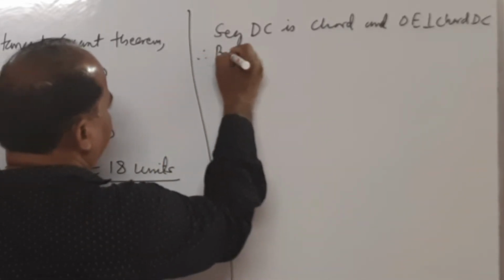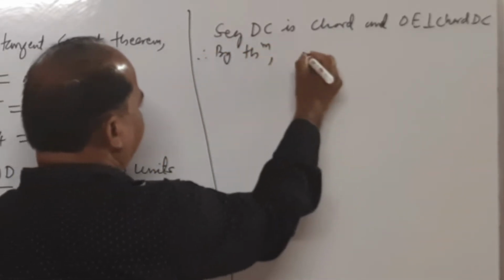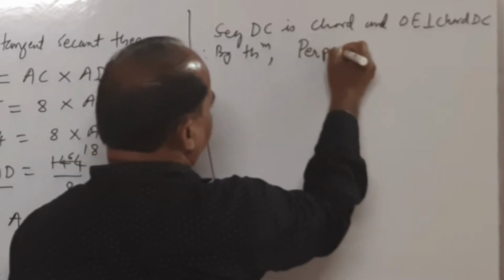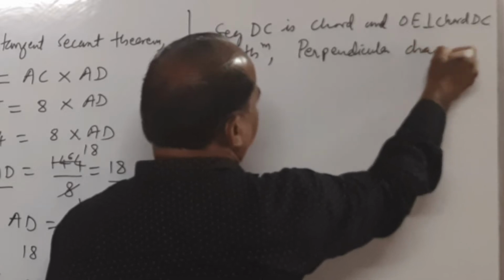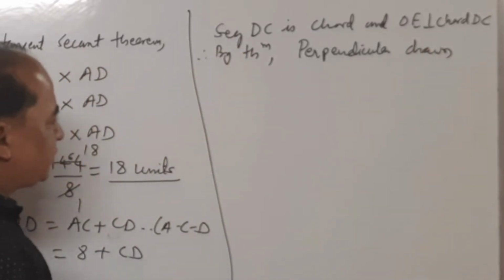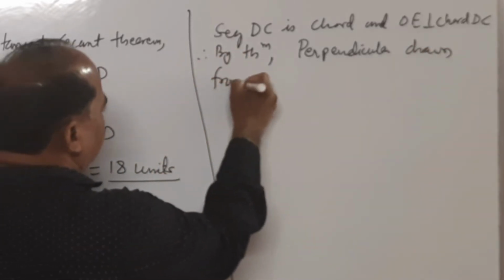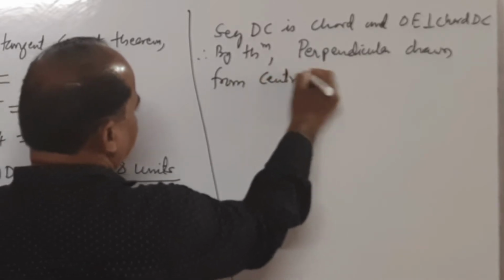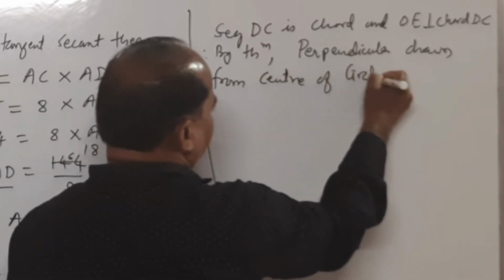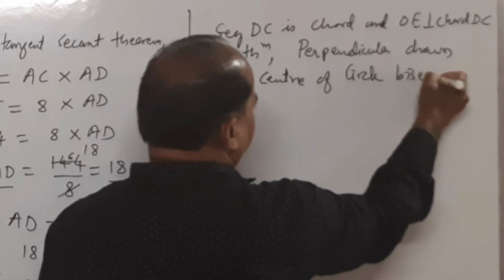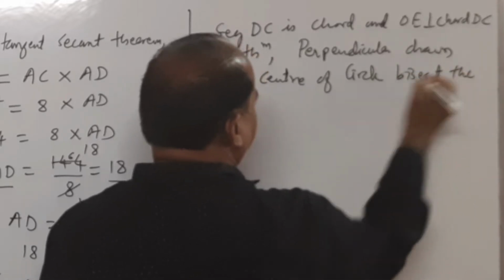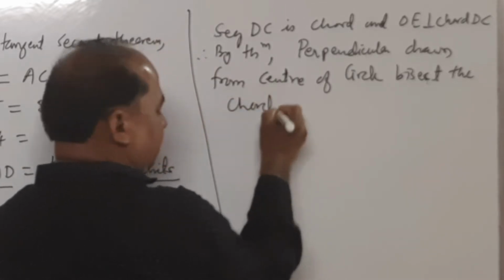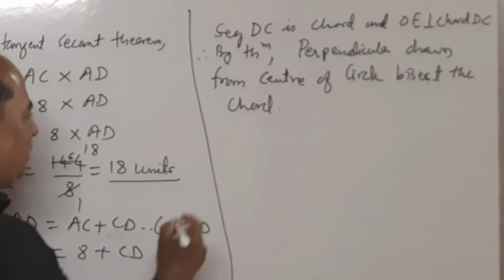Therefore, by the theorem, a perpendicular drawn from the center of the circle bisects the chord into two equal parts.